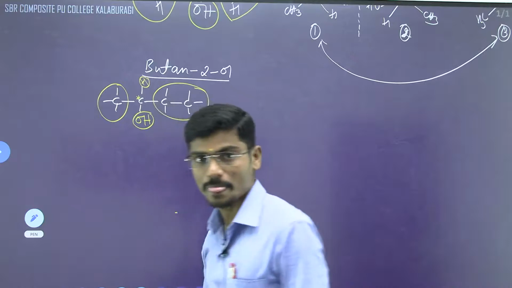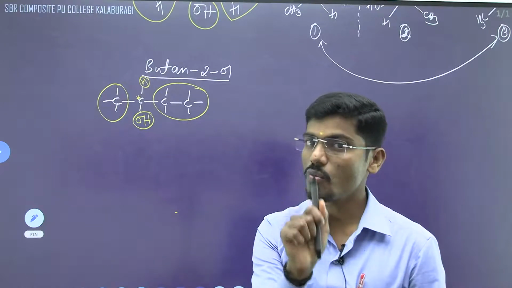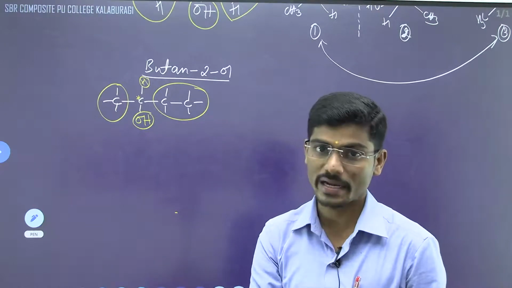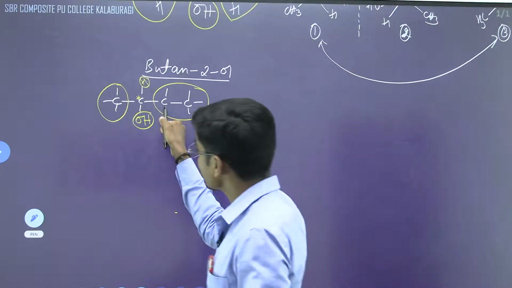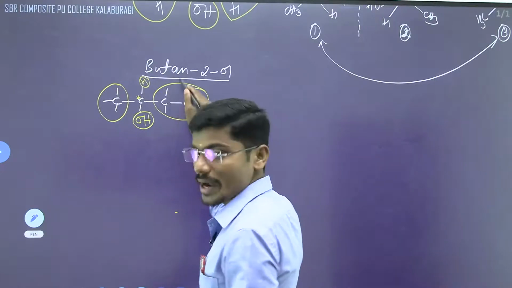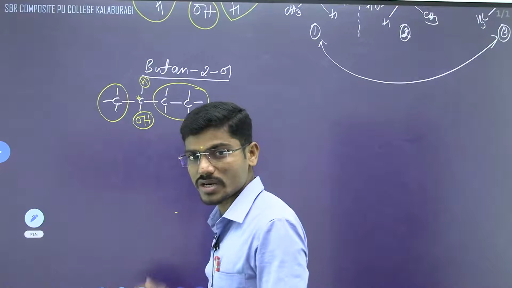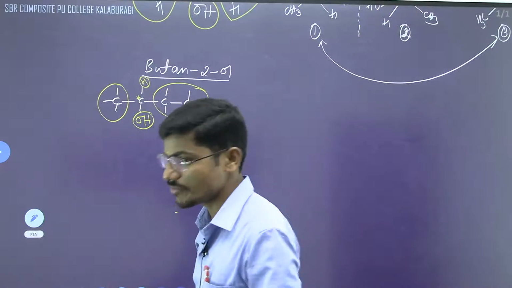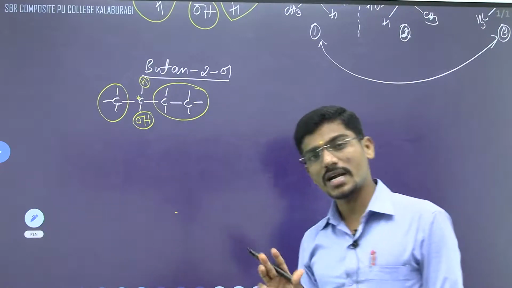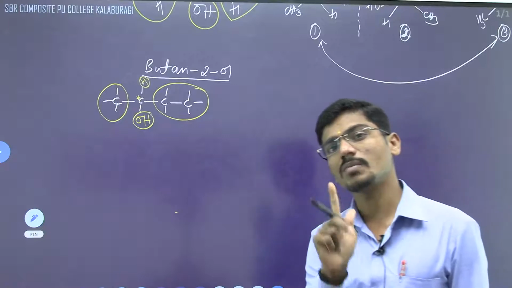So it contains one chiral carbon atom. Now check this one: this carbon contains 2 same hydrogens and the last one contains 3 same groups. Therefore 2-butanol contains one chiral carbon atom.